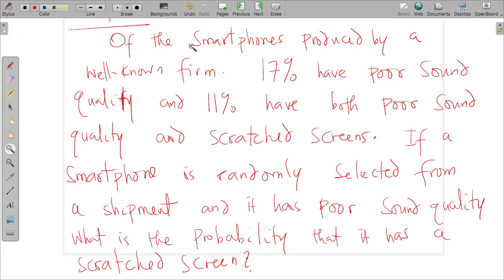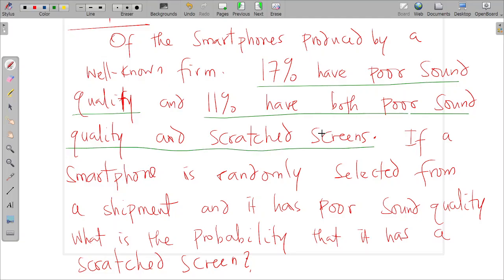of smartphones produced by a well-known firm, 70% have poor sound quality, and 11% have both of them. You see, both poor sound quality and scratch screen.